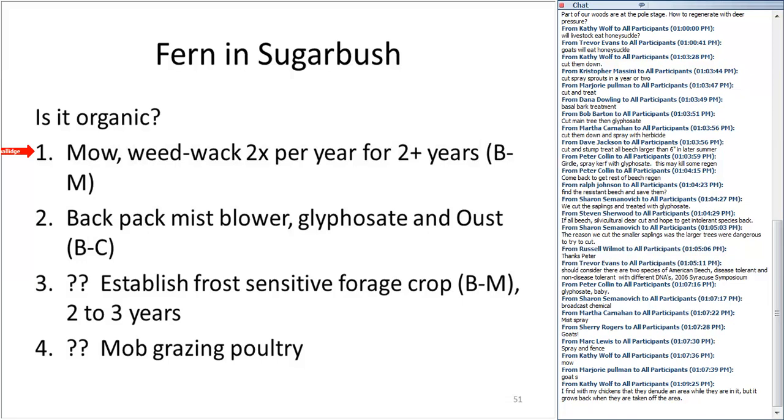There's no way we can kill these ferns." Well, mob grazing with poultry resulted in a complete absence of ferns in subsequent years. This isn't something that's going to work on 50 acres, but if you have some relatively small areas, trampling and scratching and doing the things that poultry do may be an option. I don't think you're going to solve big problems with that, but it may be worth considering.